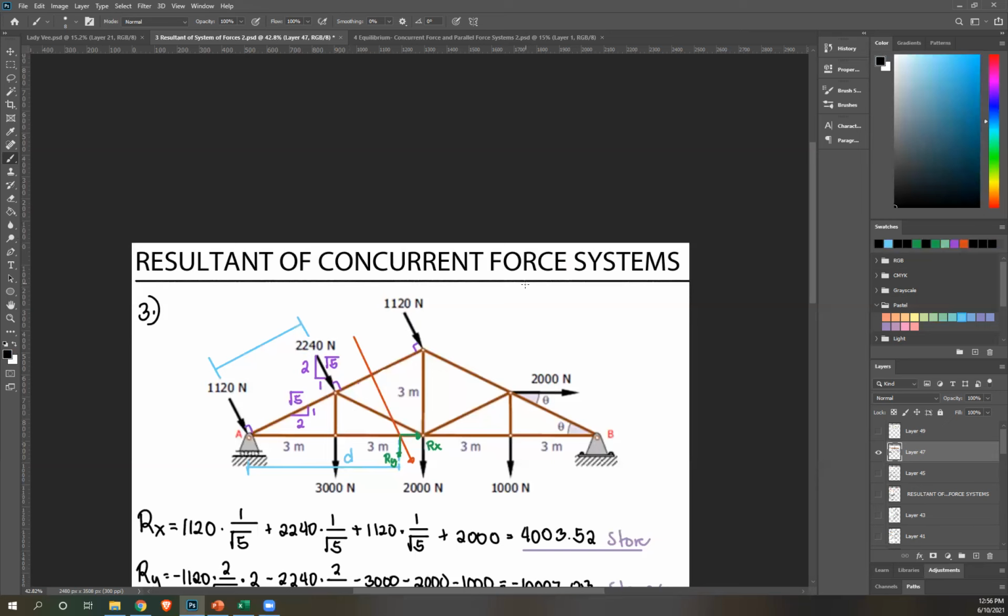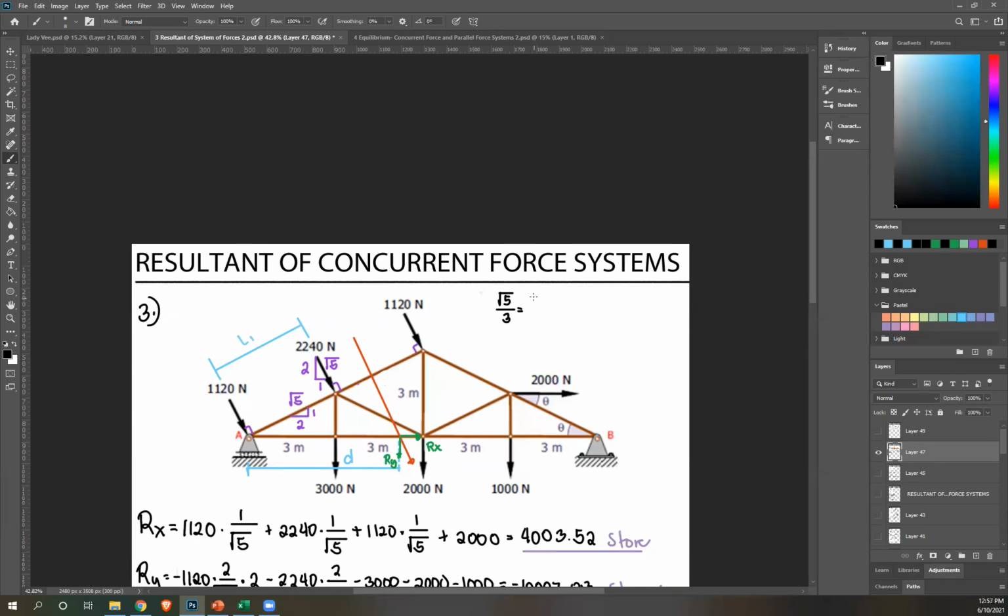So I'm gonna do this on the side. We're given the base, so hypotenuse over base is equal to hypotenuse over base. Let's call what we want L1. Square root of 5 over 2 equals L1 over base 3.